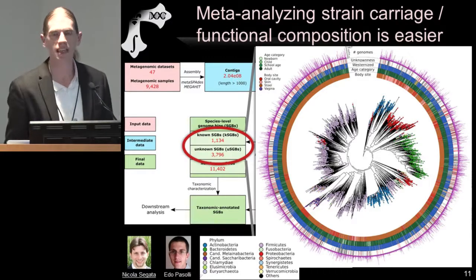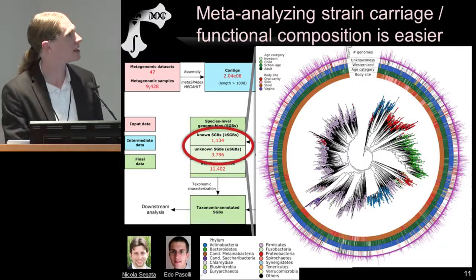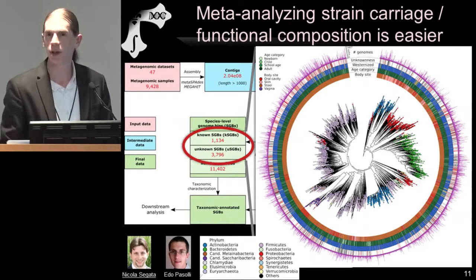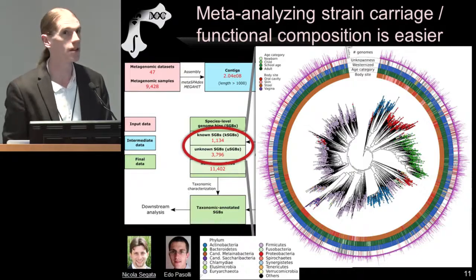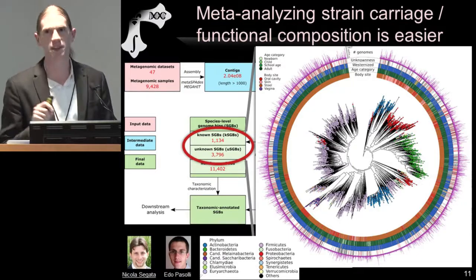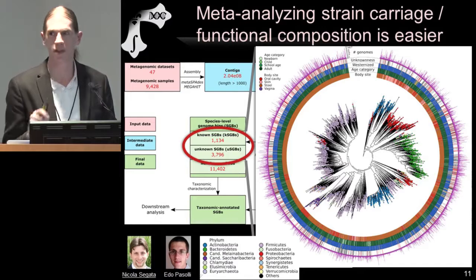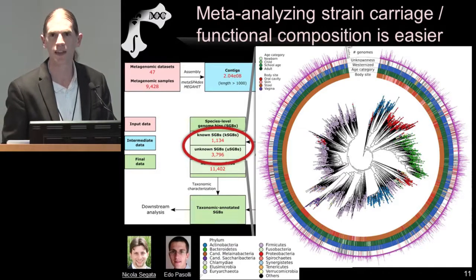So to again draw an example from real data, we're just finishing up a meta-analysis of a different set of about 10,000 shotgun metagenomes drawn from around the globe, focusing on strain composition rather than feature abundance like we saw in the previous slide. And here there's some fairly serious computing that goes into just processing 10,000 different metagenomes.